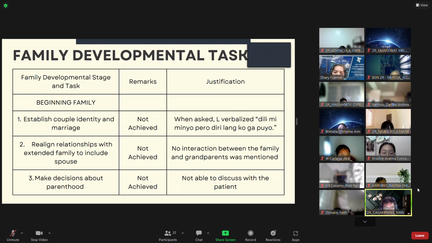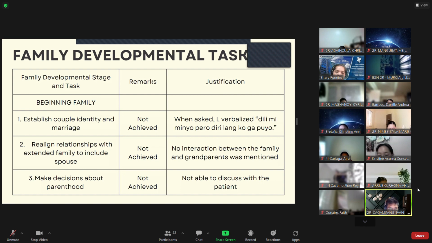So in line with the beginning family, their relationship, both between the two of them and with their parents, is good. They have also planned to teach good manners and right conduct to their child and to guide their child to the very best of their ability.